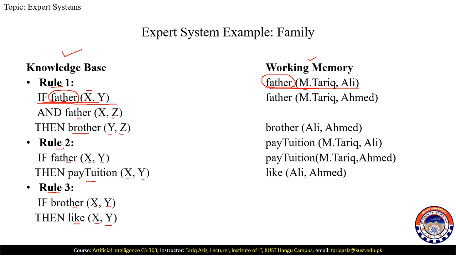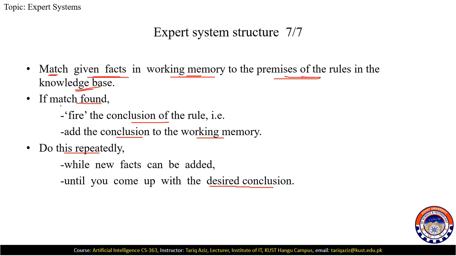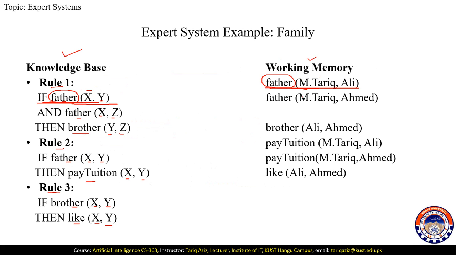Now look at this. If a match is found, what will the inference engine do? Add the conclusion to the working memory. So here, the inference engine will add this fact to the working memory. Then the second fact: father Mr. Tariq Ahmad again, and x is the father of y.